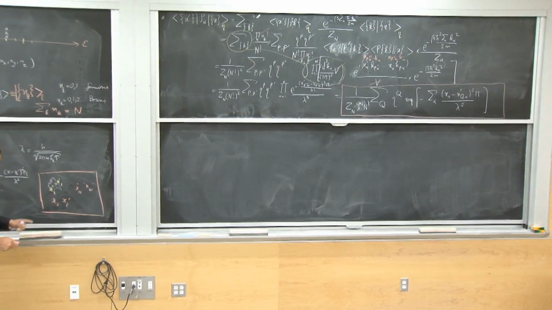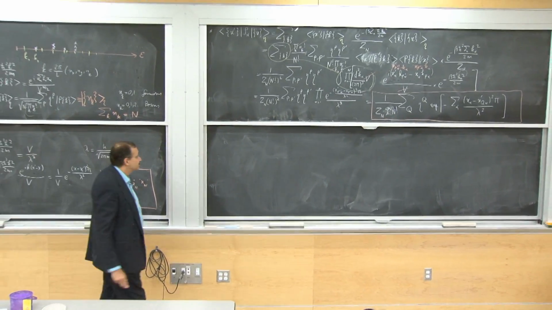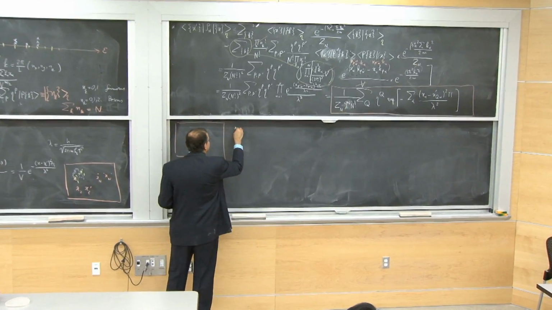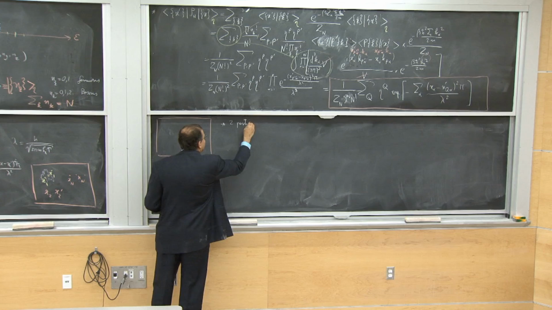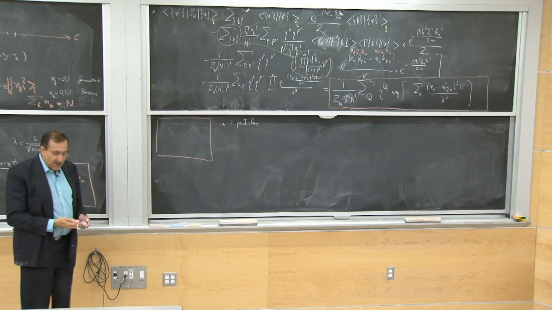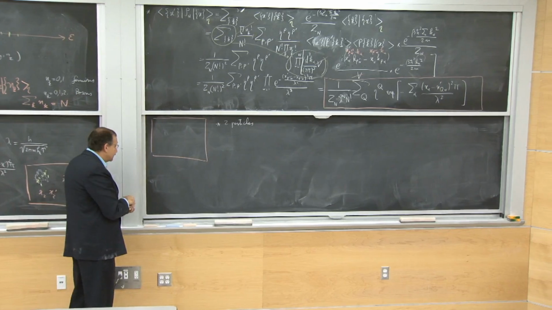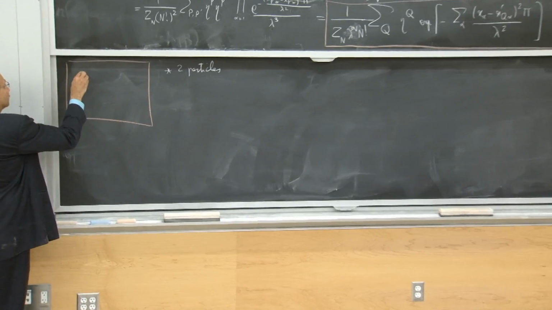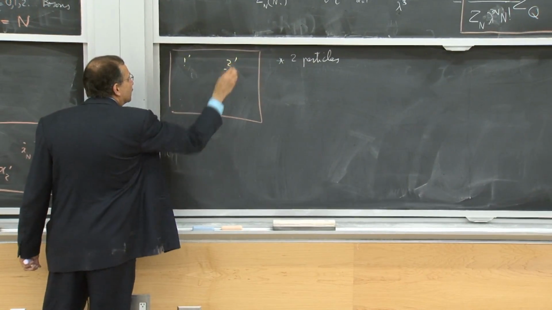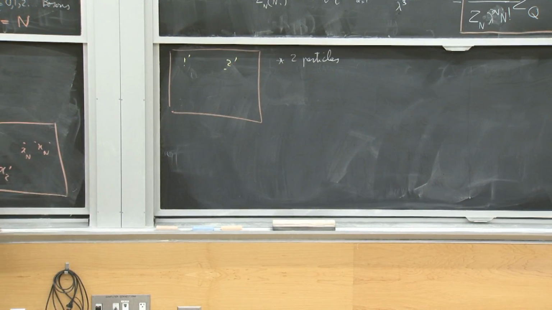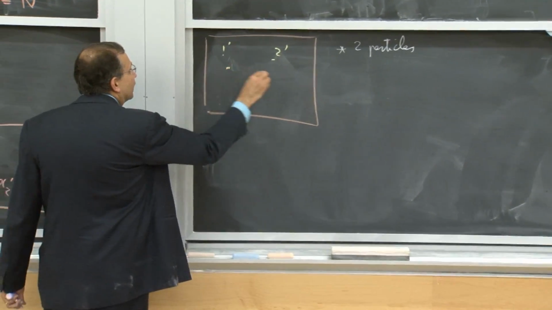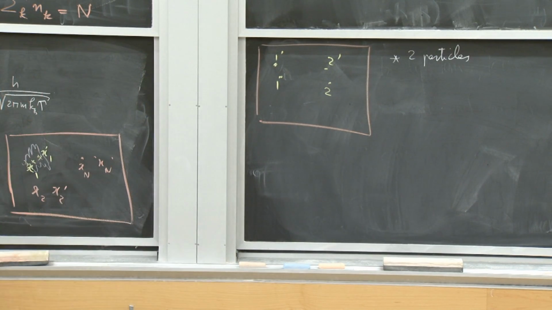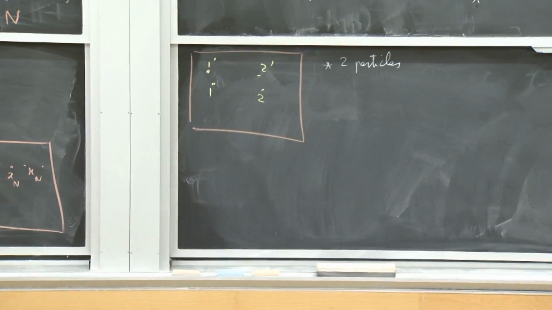And let's see what that precisely means for two particles. So let's look at two particles. So for two particles, I will have on one side coordinates 1 prime and 2 prime. On the right-hand side, I have coordinates 1 and 2. And let's see what this density matrix tells us.